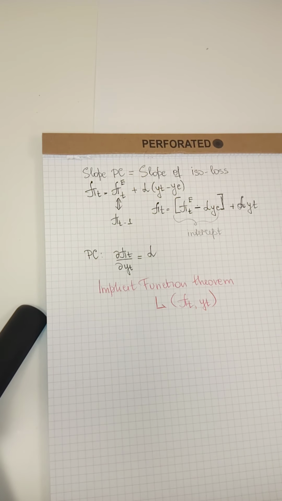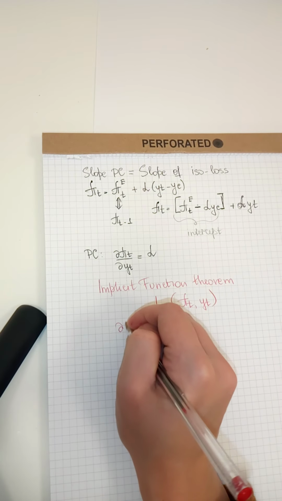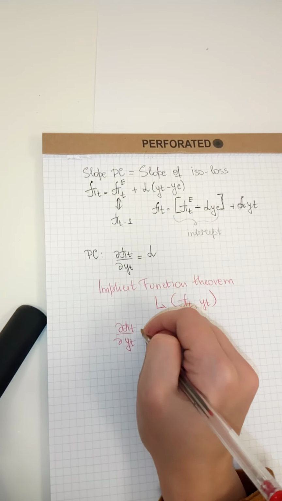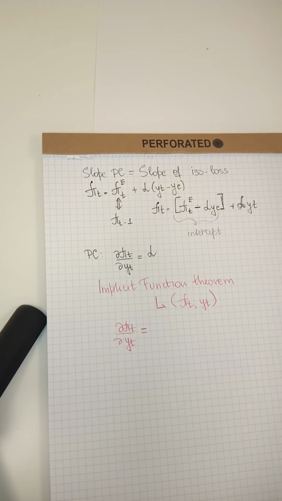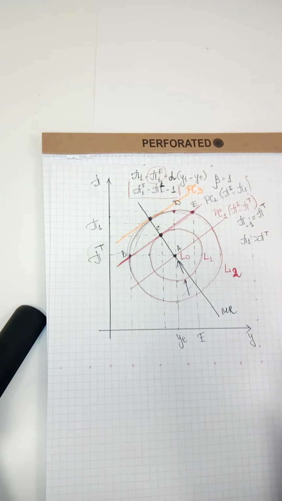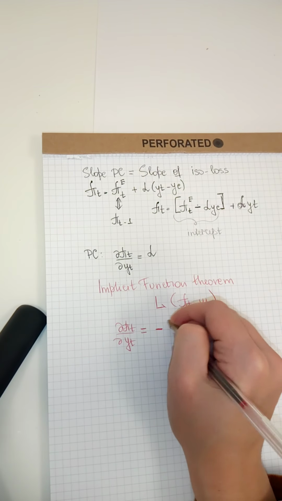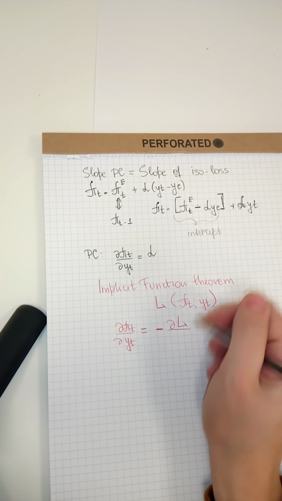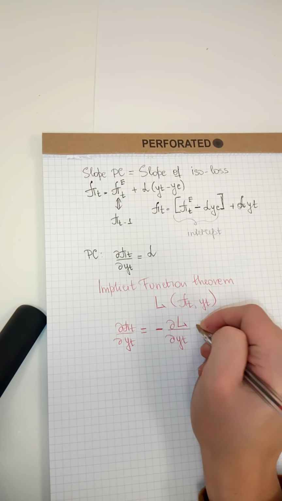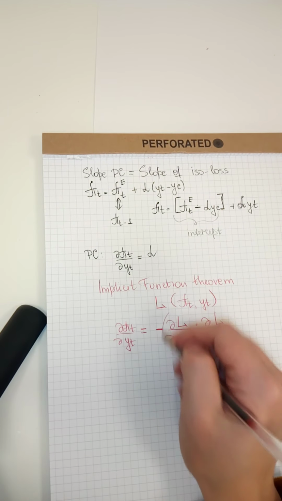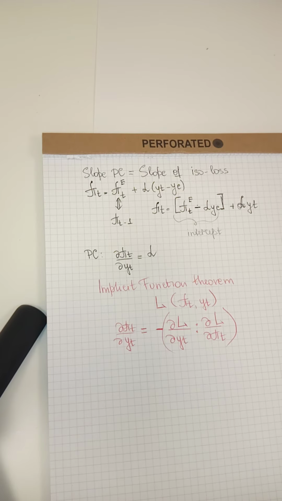If you want to define the derivative of pi t with respect to yt, which will stand for the slope, because here we have pi on the vertical axis, then you have to divide the partial derivative of L with respect to yt by the partial derivative of L with respect to pi t, and you put a minus in front of this expression.